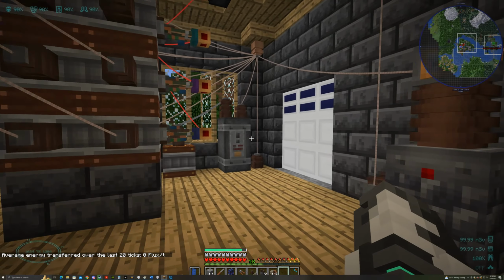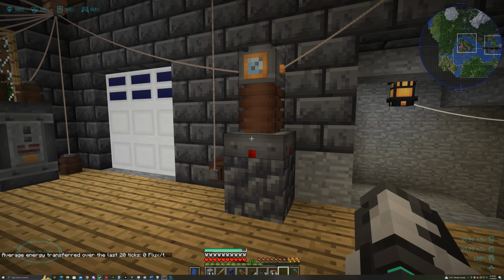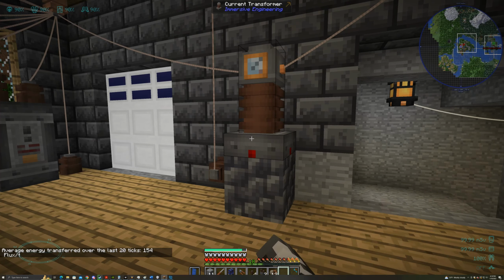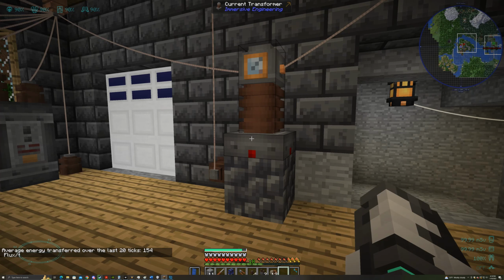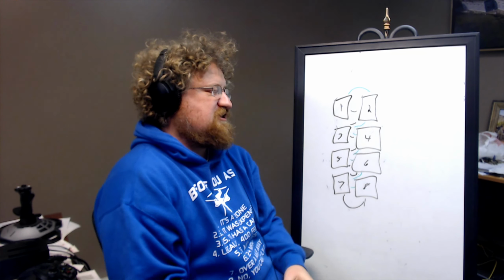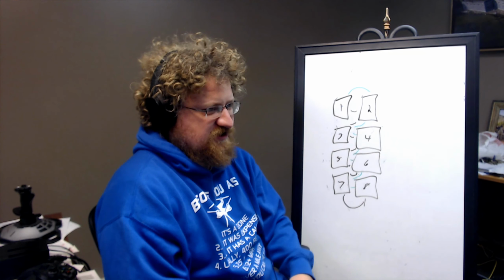So that's how that's set up. And, well, when it's only doing 154 flux a tick, that's actually not that much of a load. Downstairs, we're having as much of a load as we can pull or take. And as a result, it is not doing the nice pattern that I described here.